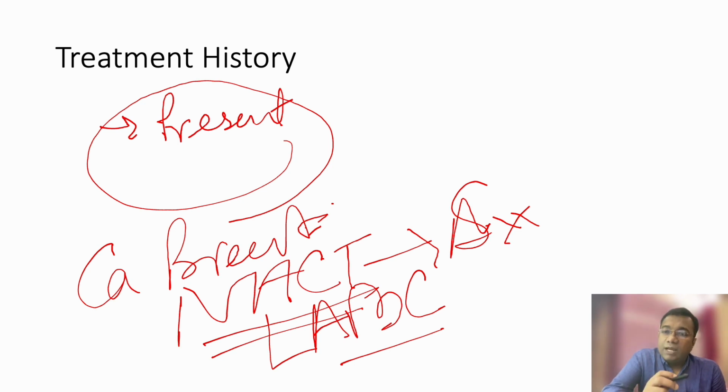So by looking at the treatment history only, you can not only diagnose the case, you can also mention the stage of the patient. This is very important. Treatment history includes the treatment which the patient has received for the present disease. You may include other previous treatment histories here, but it's better to include them in past history.